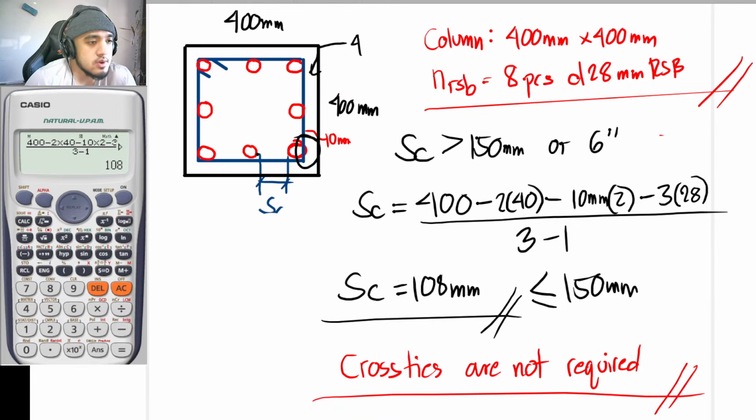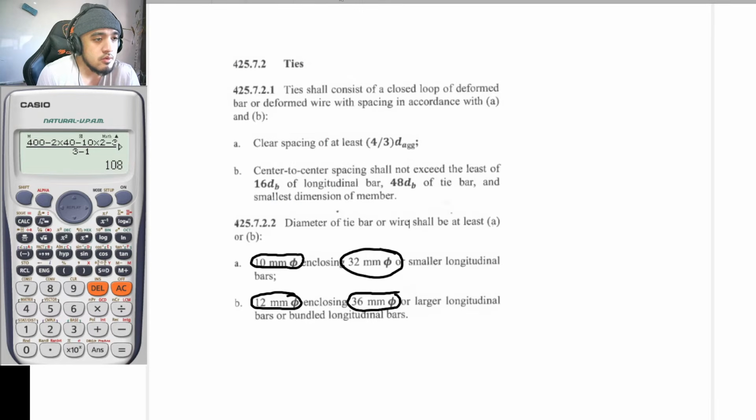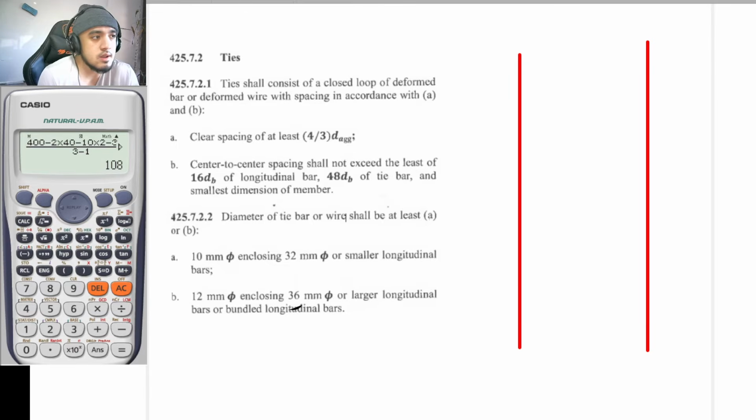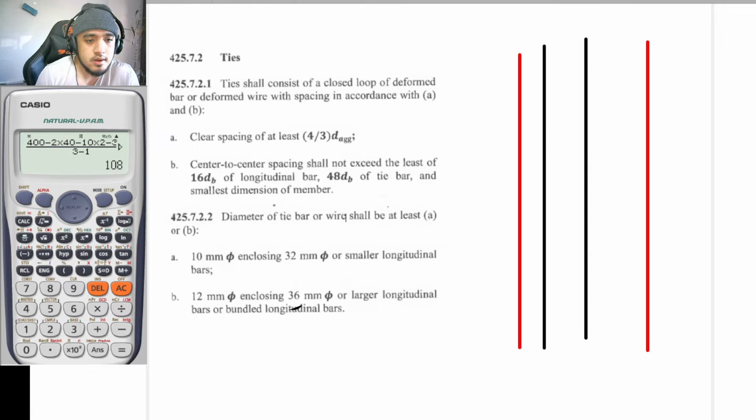Okay, so what else do we need? So since we already know the diameter of the rebar that we have chosen, the next thing that we will be doing is for us to check the spacing required. So with that, guys, I would just be erasing this first. So let's say that this is to be your column. And let's say that these are to be your rebars inside. Of course, they are to be enclosed with lateral ties.